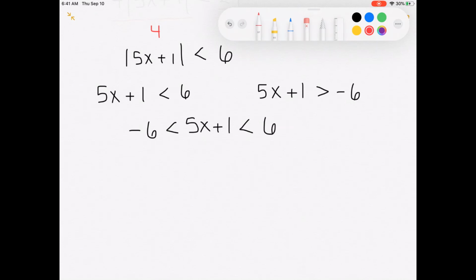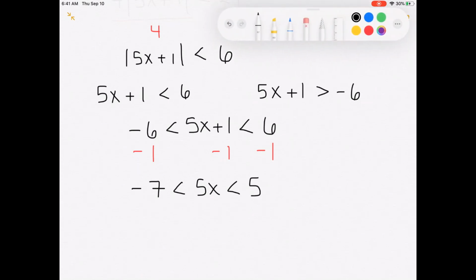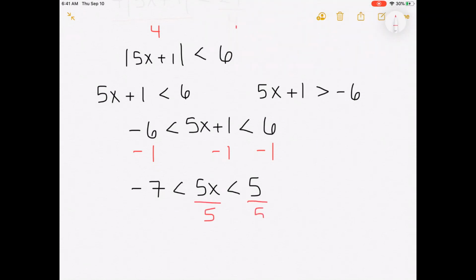So what I can do is subtract 1 from either side, and that leaves me with -7 is less than 5x, which is strictly less than 5. And then I can divide either side, or rather all 3 parts, by 5 to isolate my x.